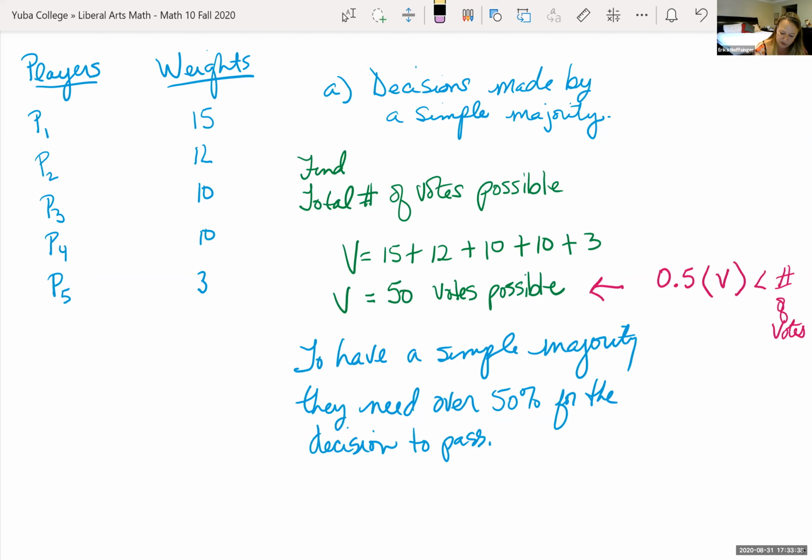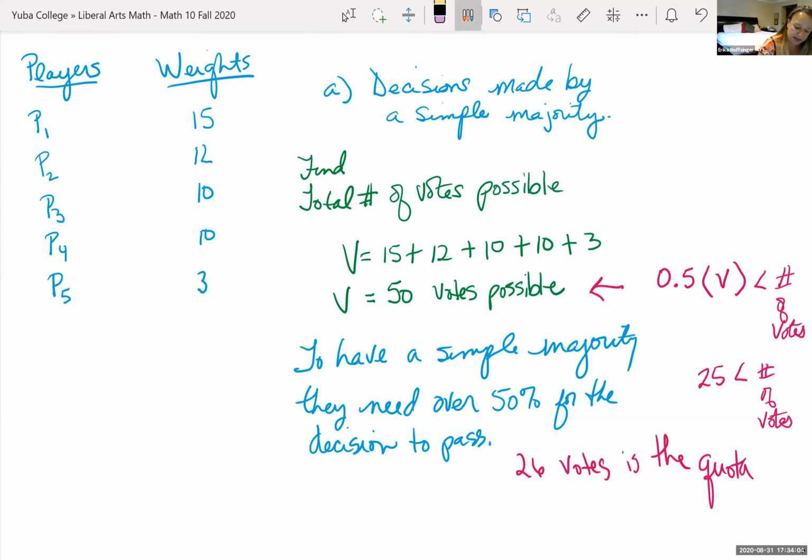The number of votes has to be greater than 25. So 26 votes is the quota if it wants a simple majority.